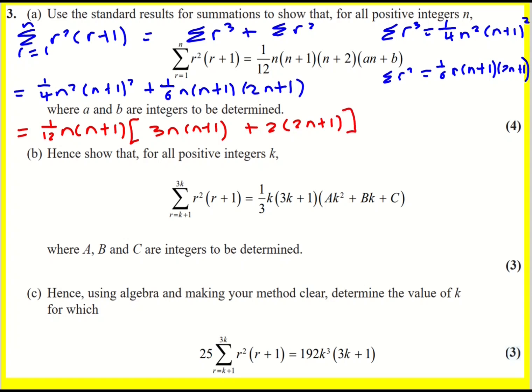All right, so we've just then got to simplify that and factorize it to n plus 2 times 3n plus 1. Let's just keep going. So this is then going to be 1/12 n (n plus 1) multiplied by 3n squared plus 3n plus 4n, so that's going to be 7n plus 2.